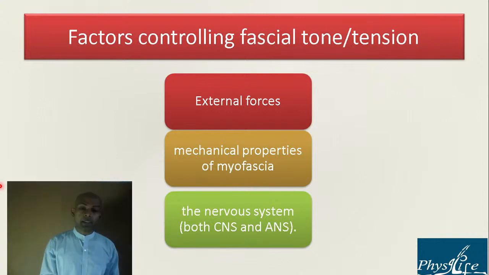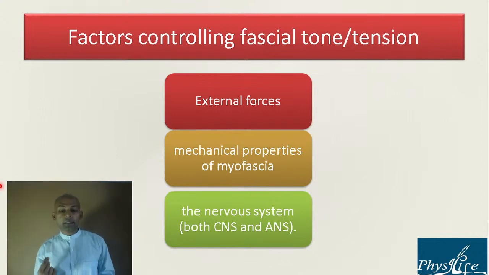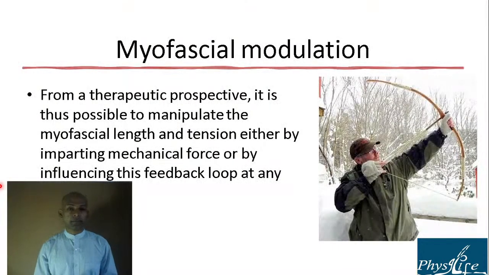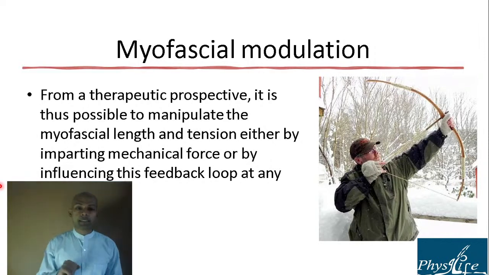The neural property is how much firing the muscle or the myofascia is getting at the moment, how much efferent stimulation and how much afferent stimulation there is in the myofascia. All these three factors will decide the optimum tone and tension of the myofascia. So as a physiotherapist, from a therapeutic perspective, you can manipulate or try to optimize the length and tension of the myofascia from two sides of the spectrum.